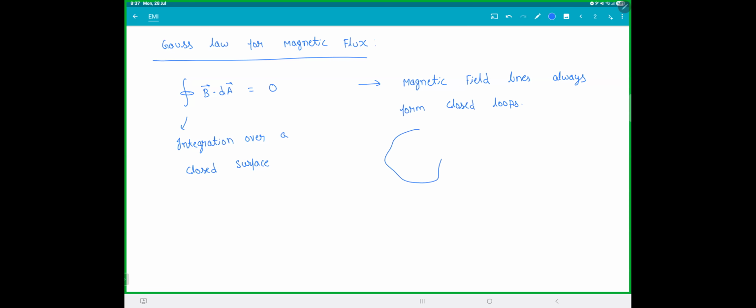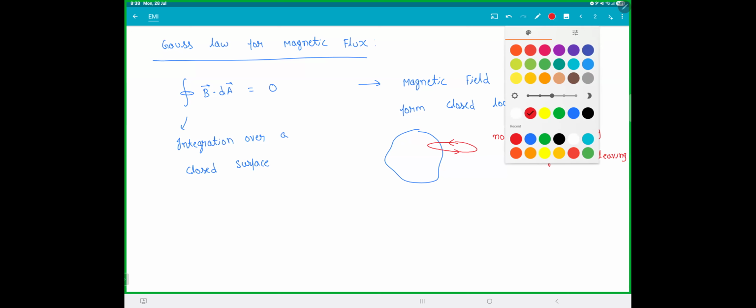Means if you have a closed surface, the number of lines entering and leaving will always be equal. If the surface is not closed, then it need not be zero. Isn't that the definition of flux? Number of lines crossing. If 10 lines enter and 10 lines leave, there is no flux. This is one way to explain.